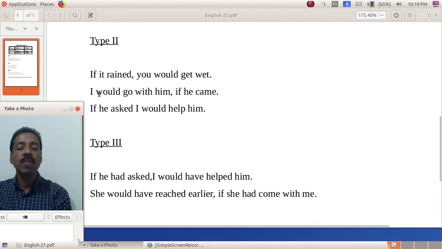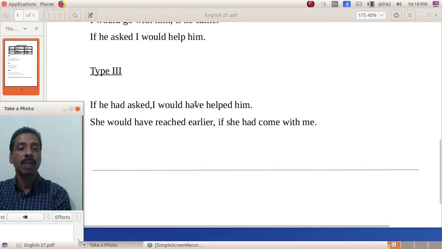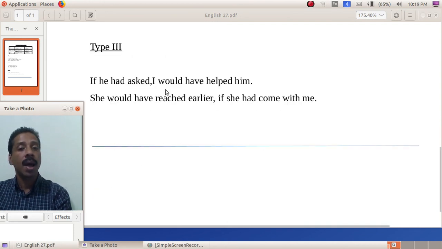Type 2, if it rained, you would get wet. I would go with him if he came. If he asked, I would help him. The type 3, if he had asked, I would have helped him. Then she would have reached earlier if she had come with me.